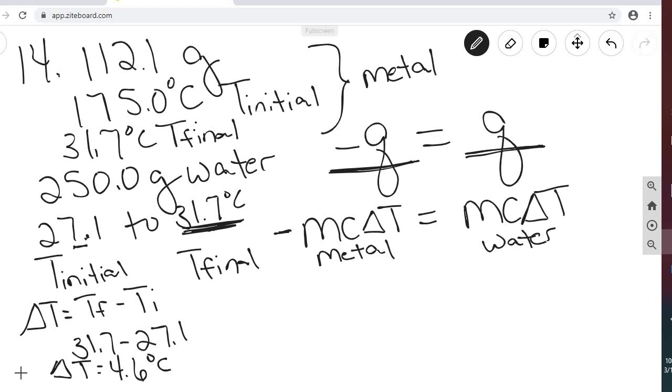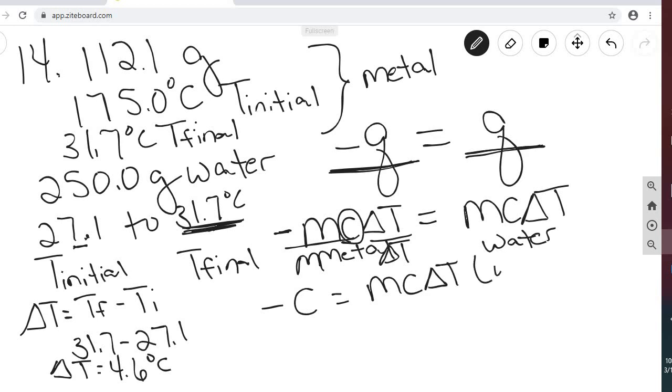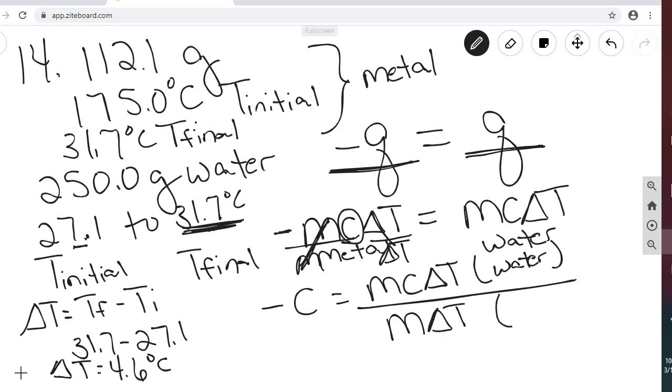What we are asked to find is the specific heat capacity of the metal, so this is the variable we're asked to find. I'm going to multiply out the M and the delta T from this equation, so we will have negative C is equal to MC delta T, which is for the water, and then we had to divide out the M and the delta T for the metal.